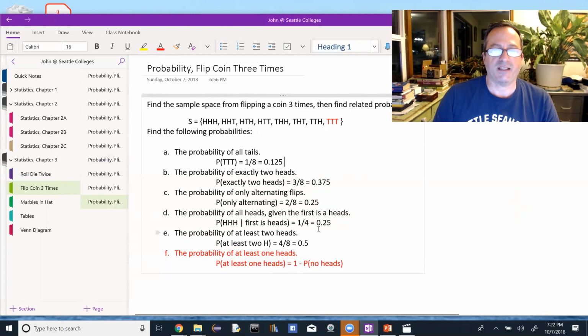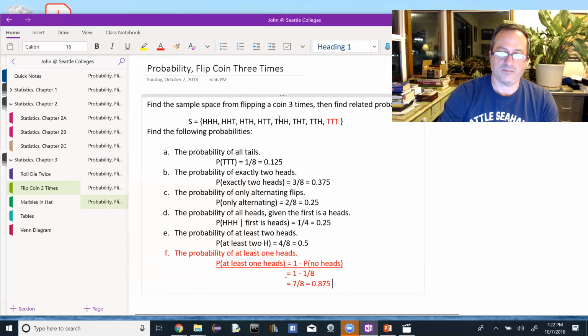So the probability of at least 1 is the same as 1 minus the probability of none, or the probability of no heads. I already did this problem directly by counting, but there are several other problems we'll see later where it's actually easier to figure this out by taking 1 minus 1/8. And that is equal to the same thing we got before, 7/8, 0.875. Okay, so that's that example.